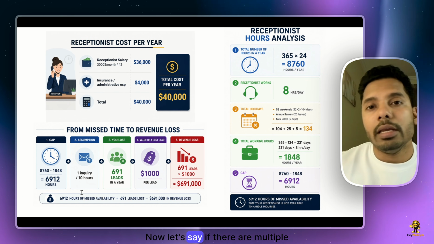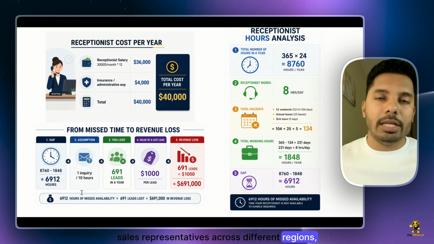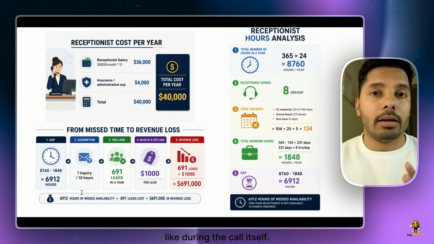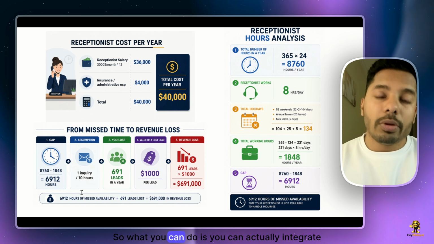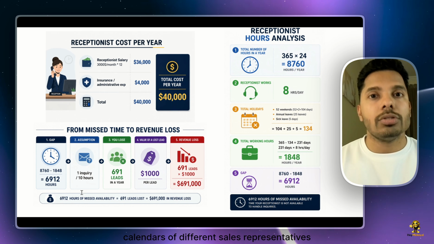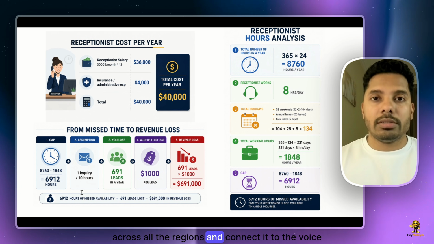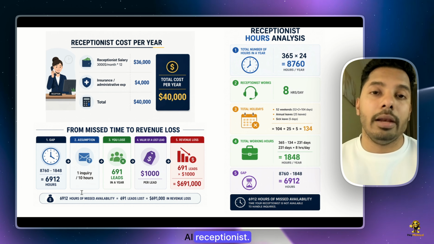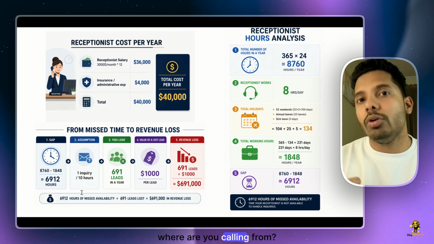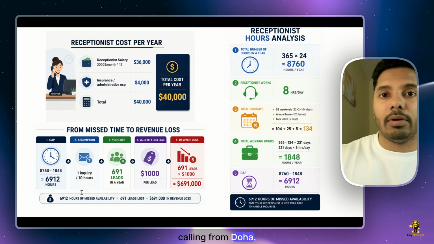Now, let's say there are multiple sales representatives across different regions whom you need to connect with during the call itself. What you can do is integrate the calendars of different sales representatives across all the regions and connect them to the voice receptionist. So the AI receptionist can ask, where are you calling from? Let's say you're calling from Dubai or from Doha.